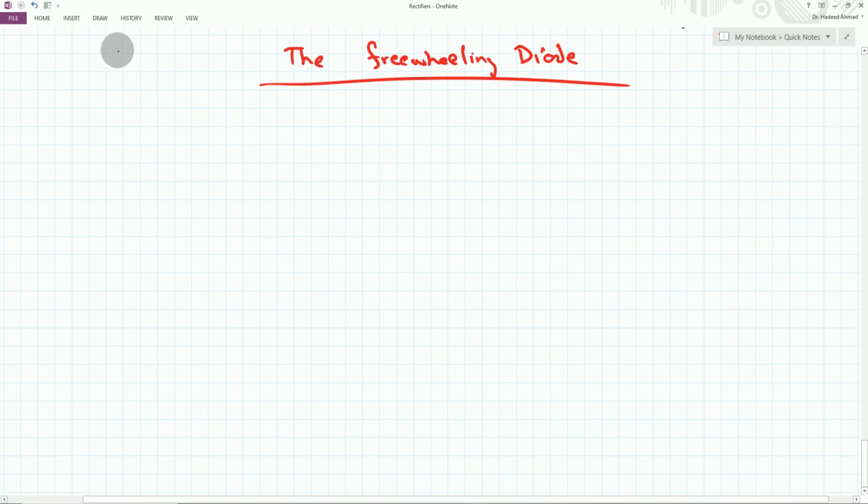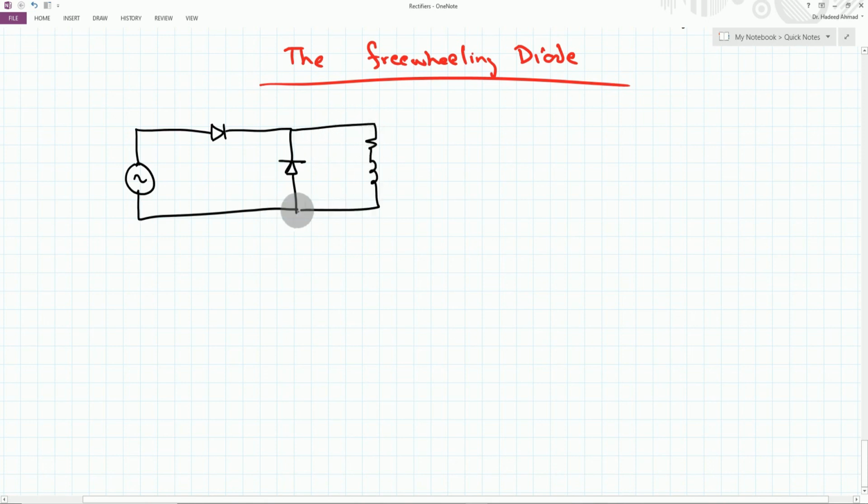To get rid of the negative part, which occurs as a result of the inductance in the circuit, whenever we have an inductive load, we provide a freewheeling diode for the inductor current to flow whenever the main diode turns off. So this is v_o(t), this is v_R(t), and this is v_L(t).